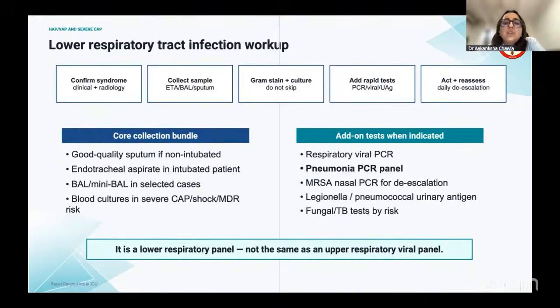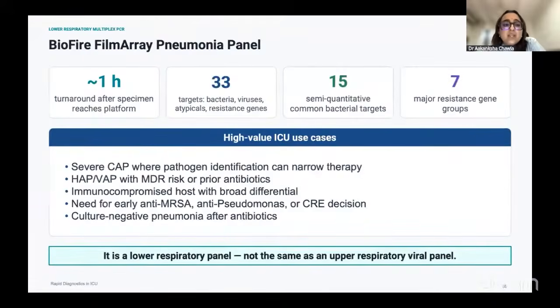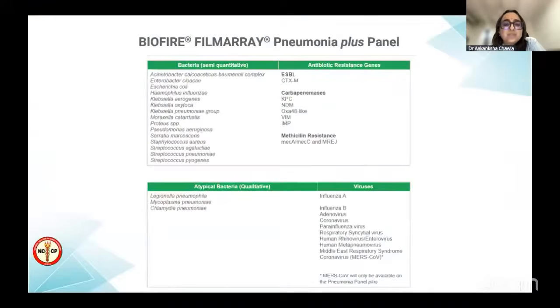Again, correlate clinically, and you should always review your patient's drug charts daily for de-escalation. And remember that this is the lower respiratory tract panel. This is the lower respiratory tract pneumonia panel. So this basically again has a turnaround time of as early as 1 hour, 33 targets, 15 semi-quantitative bacterial targets, and 7 major resistance gene groups.